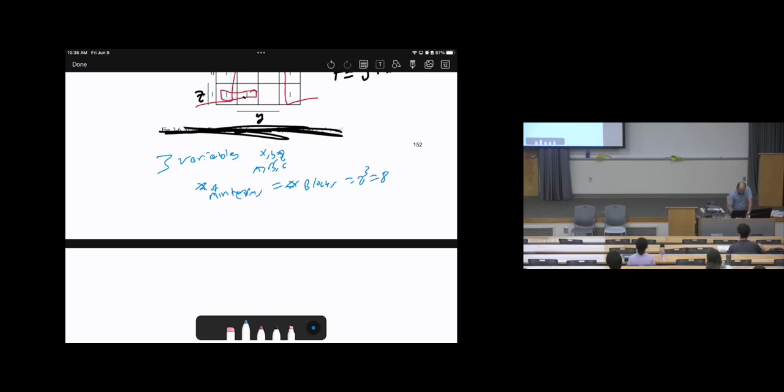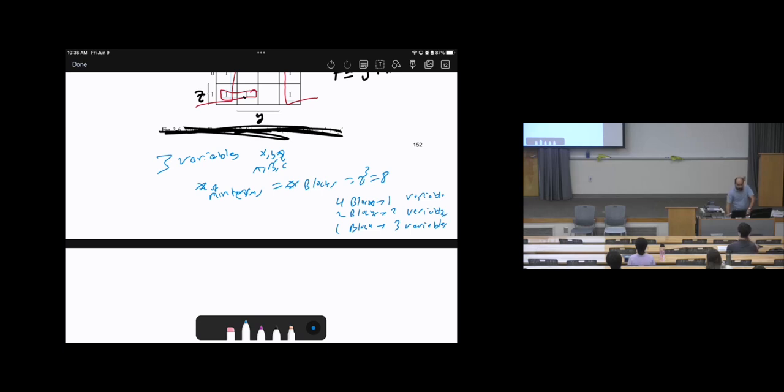Then we can group the blocks: each 4 blocks give 1 variable, 2 blocks give 2 variables. If we have 1 block, we have 3 variables.